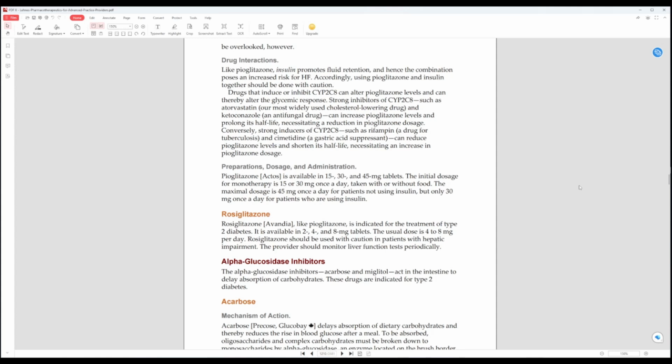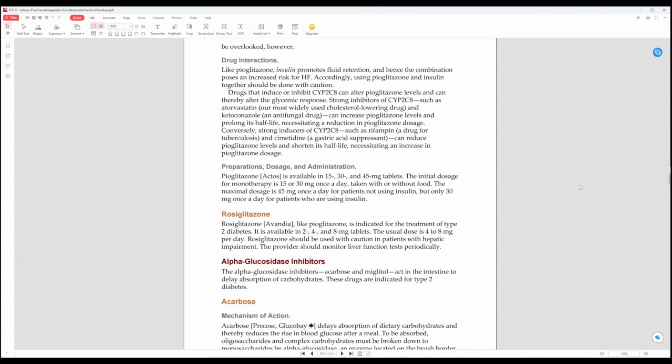Accordingly, using pioglitazone and insulin together should be done with caution. Drugs that induce or inhibit CYP2C8 can alter pioglitazone levels and can thereby alter the glycemic response. Strong inhibitors of CYP2C8, such as atorvastatin and ketoconazole, can increase pioglitazone levels and prolong its half-life, necessitating a reduction in pioglitazone doses.